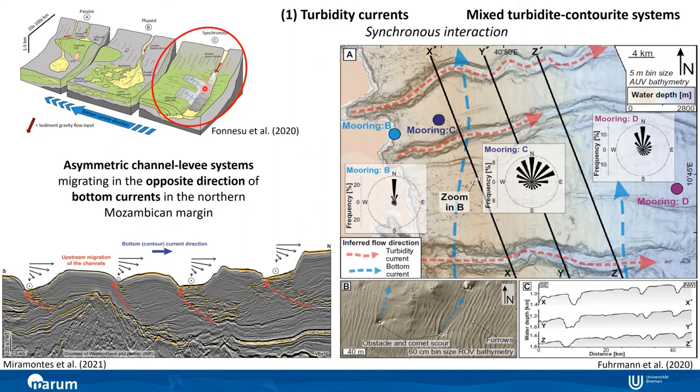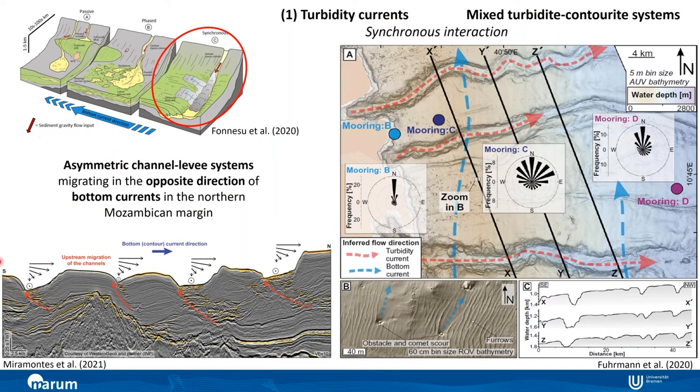And usually this geometry corresponds to an asymmetric channel-levee system where we have a more developed levee on one side and a less developed or even absent in some cases levee on the other side that usually corresponds to the upstream side of the contour current.